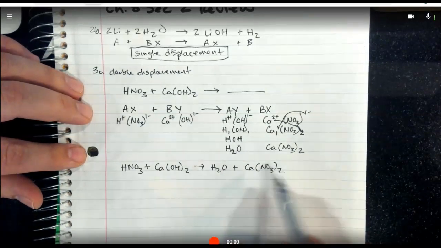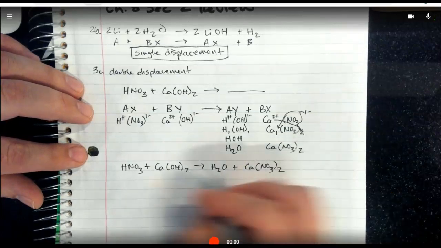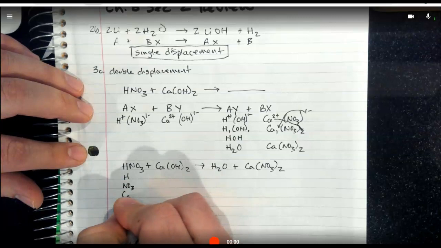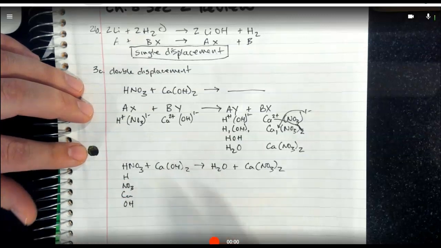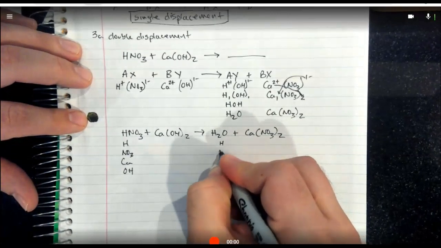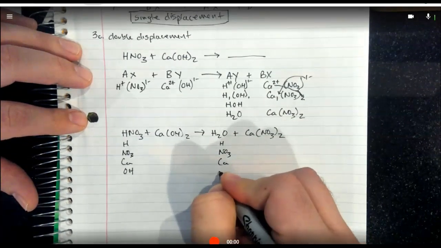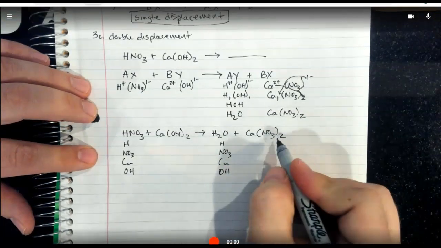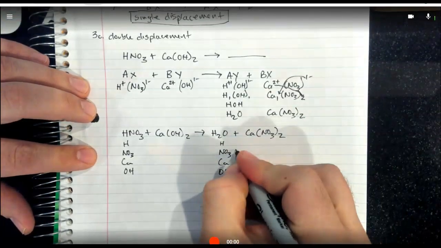Step 2, now balance the equation. So we have hydrogen, nitrate, calcium, and hydroxide on each side. Nitrate on this side we have 2.